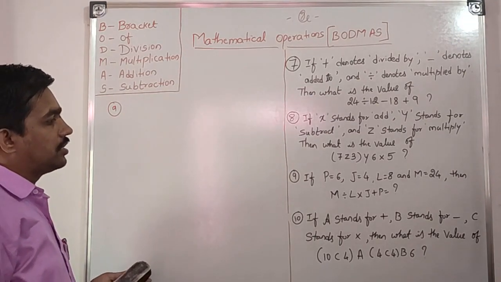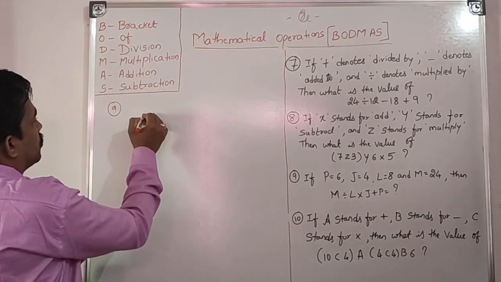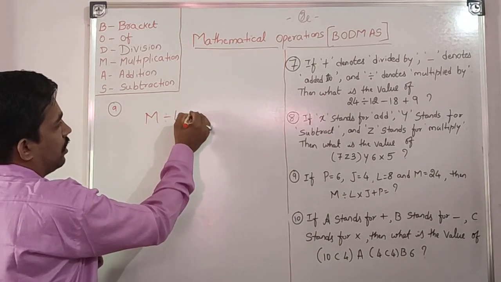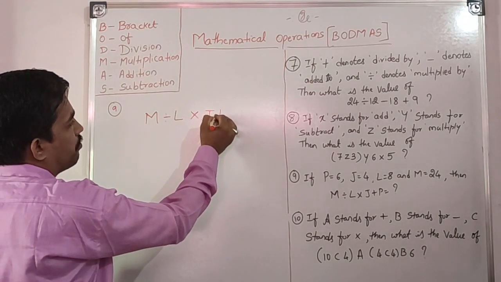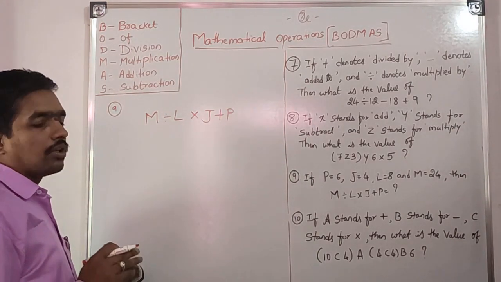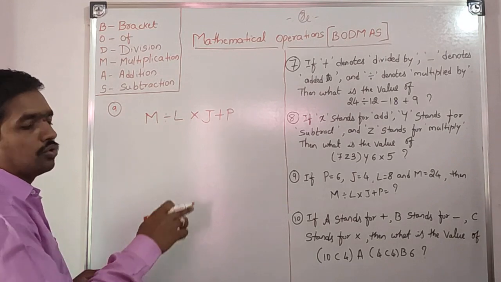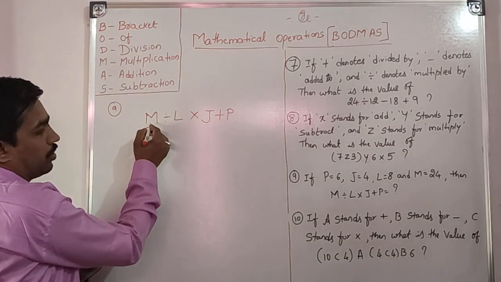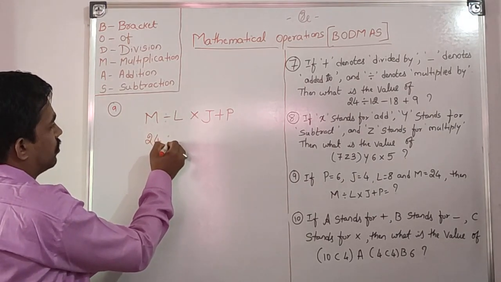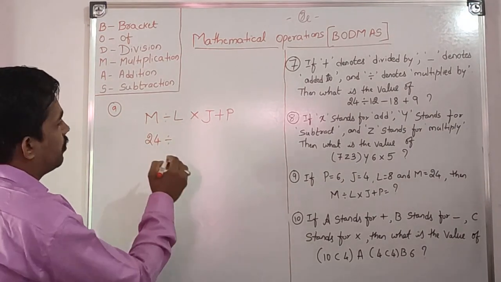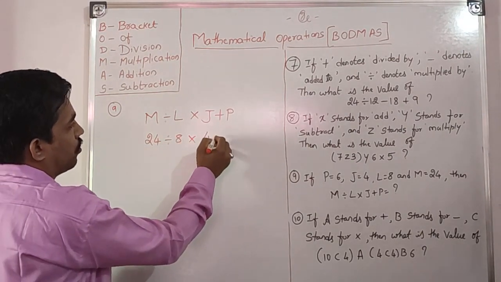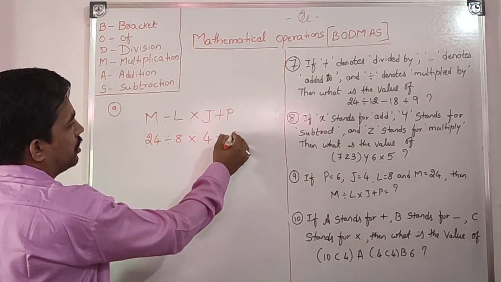Ninth question is given a little bit changed. So M divide L into J plus P. So instead of signs, now we have to change letters to numbers. So M means 24 divided by L means 8 into J means 4 plus P means 6.